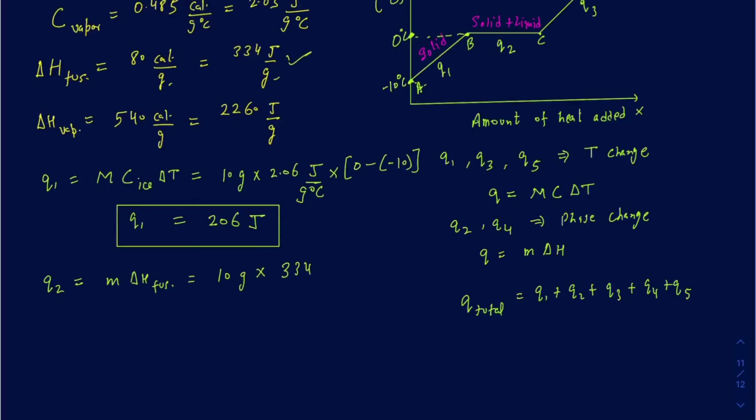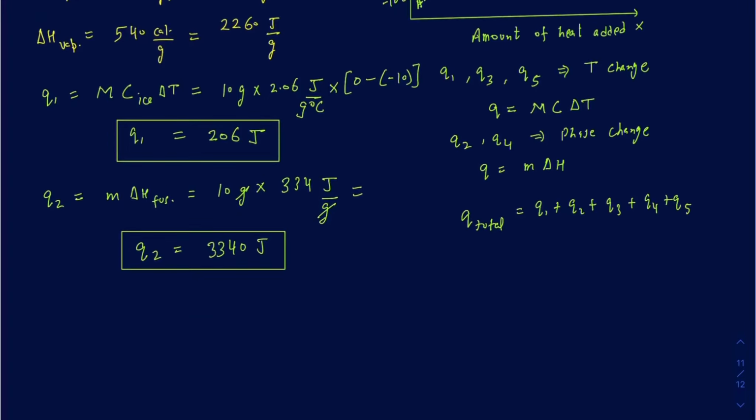When you do this math, your units cancel out, and it's going to come out to be 3340 joules for Q2. Okay, so far I've got 2 of those in.